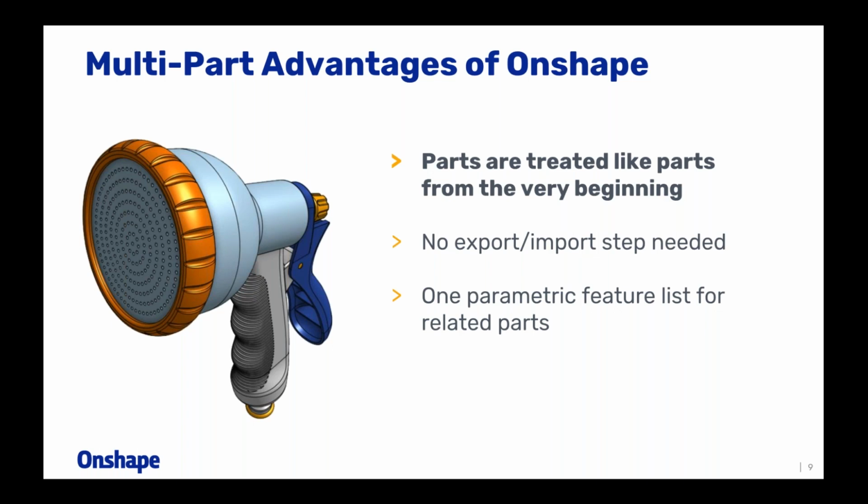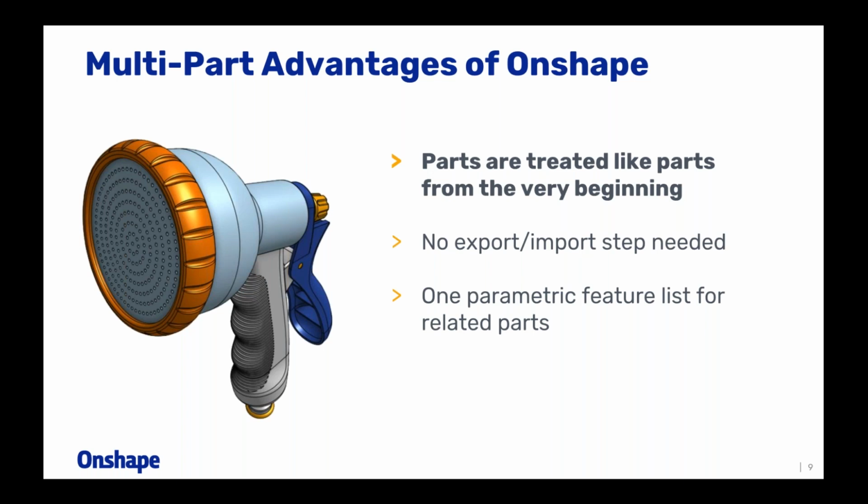They're not bodies that then need to be converted to parts. So you can start assigning metadata right away. You can insert them into the assembly or drawing right away without any kind of management of other files. So no import export step needed to take a multi-part Part Studio and take it into the assembly.